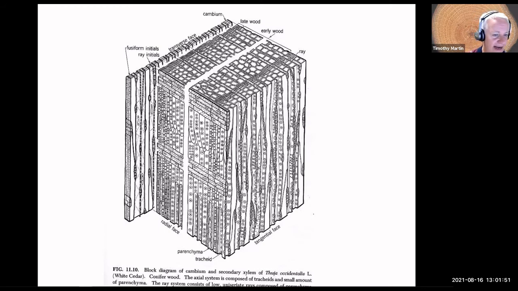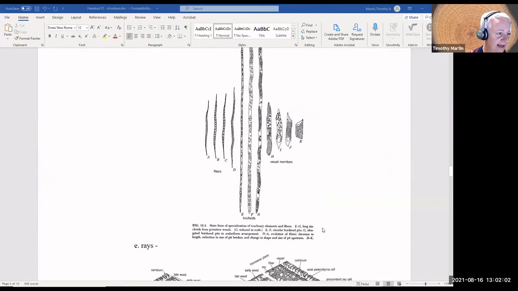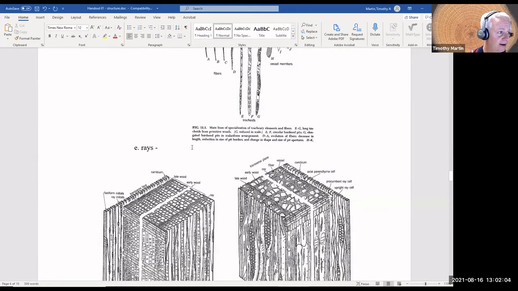Okay. I wanted to talk about rays as well. Rays are another tissue type in xylem. Rays are living cells within xylem. As their name implies, they're arranged radially in files in the tree stem.